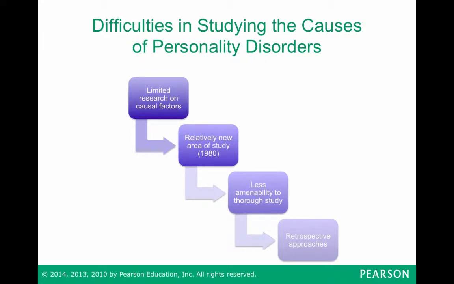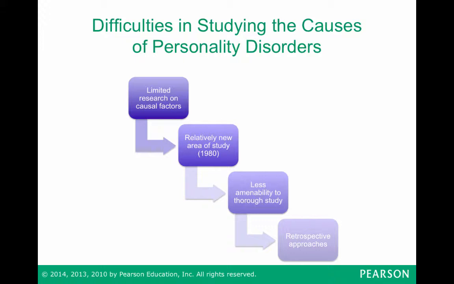As I was mentioning earlier, some of the difficulties we have in studying the causes of personality disorders is because of the limited research on the causal factors, and it just began appearing in the DSM-3 in the 1980s, and so it's a relatively new area of study.